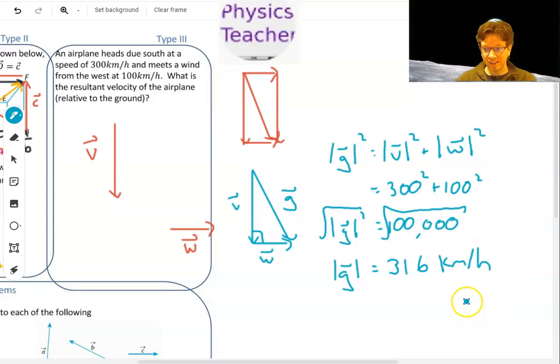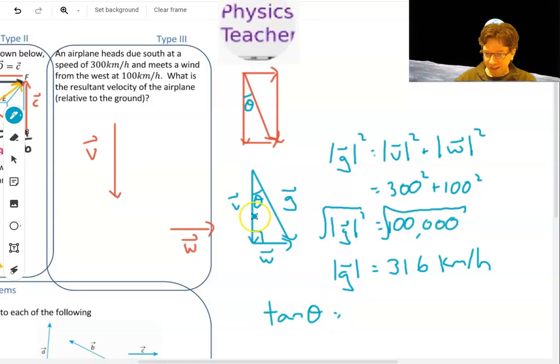Now, it's not just enough to know how fast a plane's going. We need to know where it's going. So what we actually need to do is figure out what that angle is right there. Because it's heading some southeasterly direction, but where exactly, how many degrees east of south is it actually heading in? So to figure that out, which is this angle here, I'm just going to use our tan ratio because it is a right angle triangle.